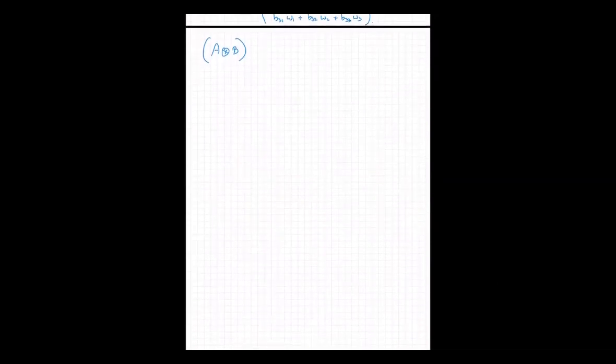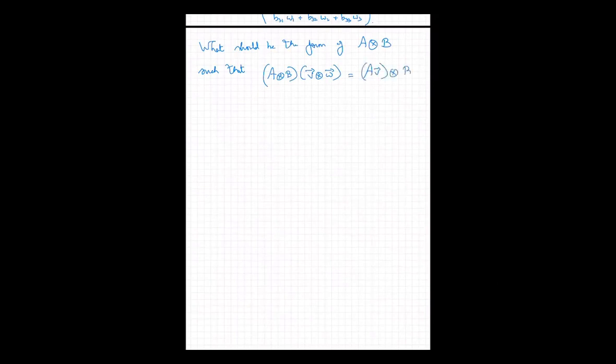So I'm going to ask the same question here. What should be the form of the direct product of these two matrices in the higher dimensional space such that AB acting on the higher dimensional vector, in this case V times W, can be simply written as AV direct product BW?